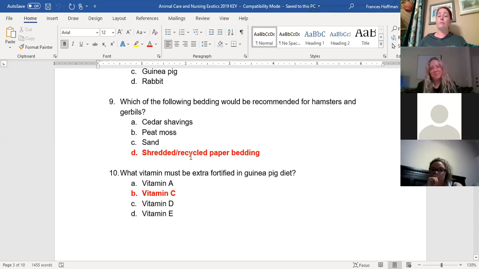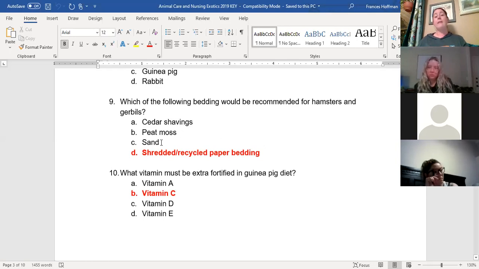Which of the following bedding would be recommended for our hamsters and gerbils? Shredded paper is usually the most popular and most recommended, even if it is not the cheapest. Cedar shavings are really bad because cedar is not good for the lungs or the liver. The oils and aromatics can make the animals very sick. Peat moss is going to hold a lot of humidity, which is great for other species, but for our rodents is not a good choice.